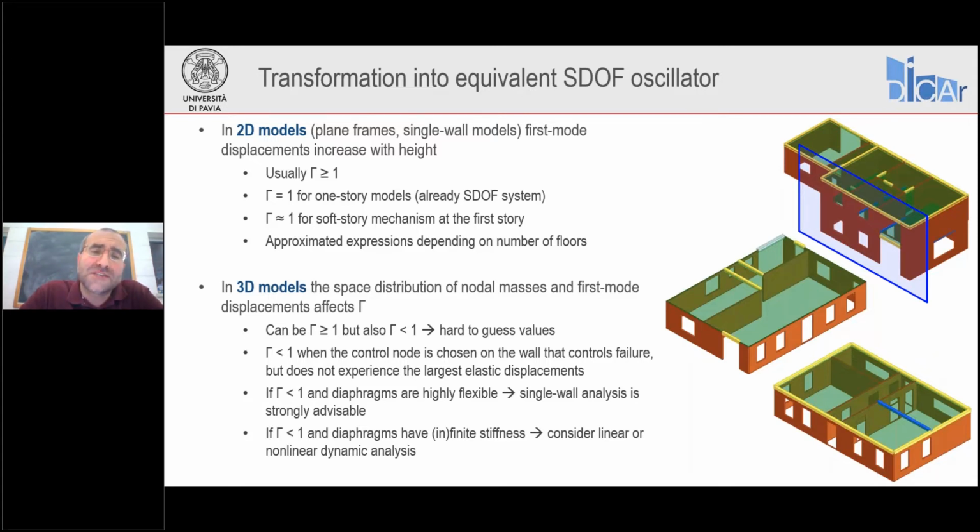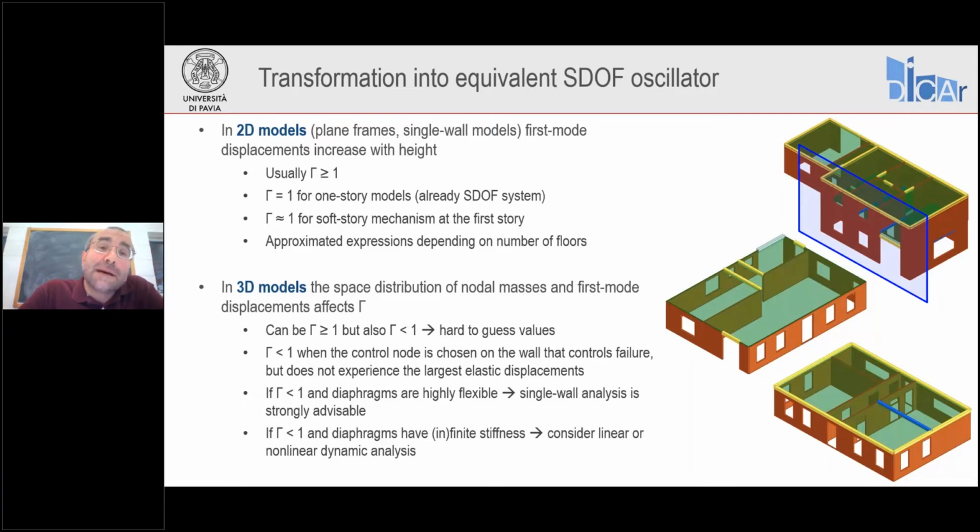Now, if this happens and the diaphragms, the floors of our structure, are flexible in their plane, then we may move to a single wall analysis. And in this case, we will analyze individual walls as plane frames, plane equivalent frames, and things become again quite easy because we go back to the 2D models for which all these considerations were initially developed.